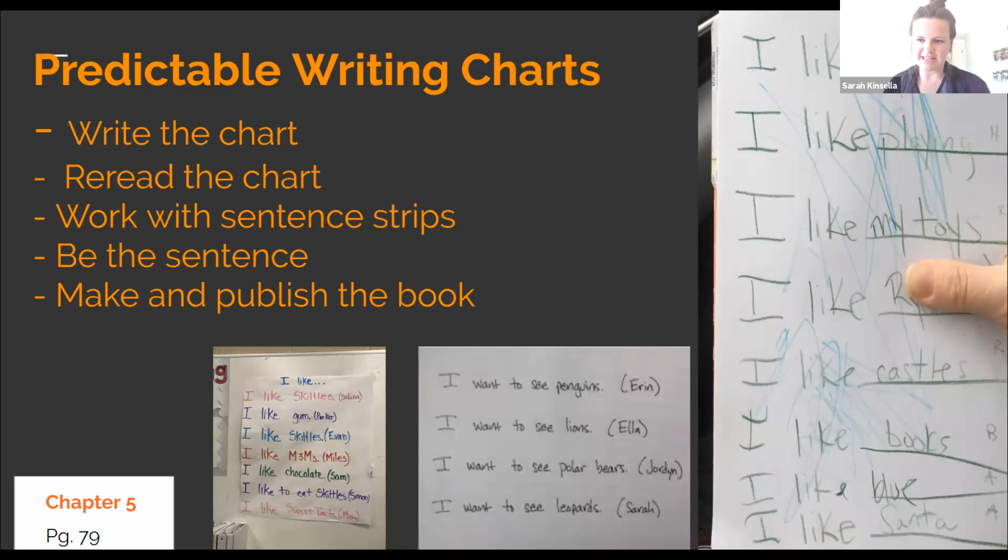There's a comment in the chat that someone's saying what they like about the predictable writing charts is that they make kids feel successful.